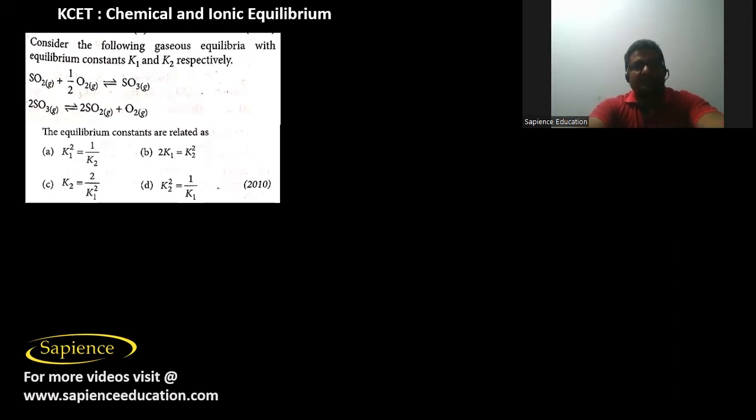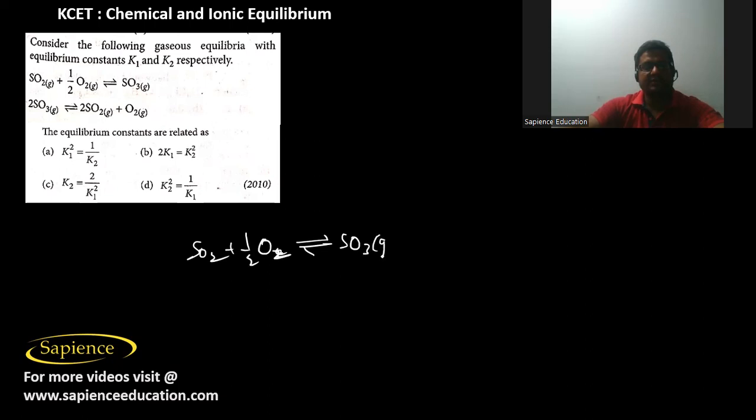Then it is told, consider the following gaseous equilibria with equilibrium constants K1 and K2 respectively. Then the equilibrium constants are related as. So for the first one, we have SO2 plus half O2 that gives SO3 gas.